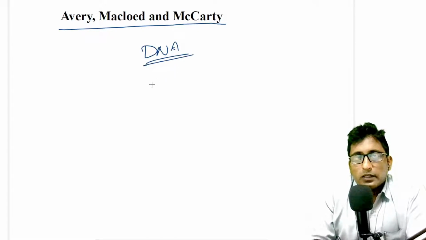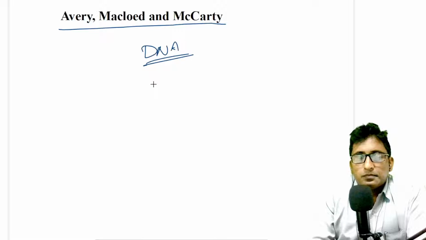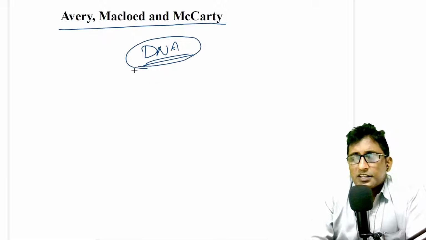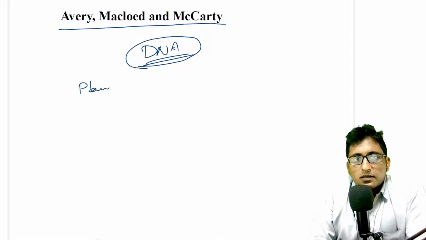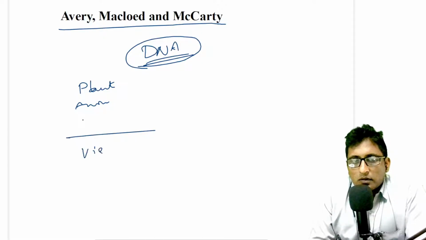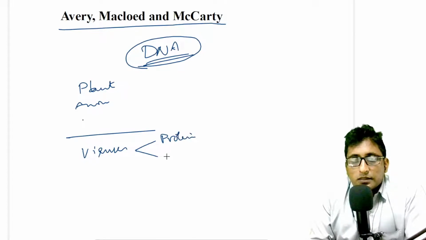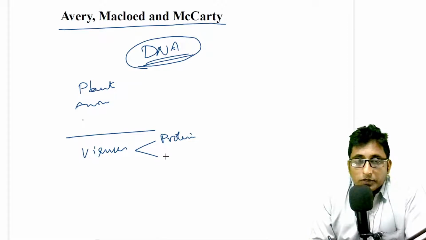Of course, we have to keep in mind that there are other aspects as well. DNA is the genetic material in the majority of organisms. You can take plants, animals, fungi, bacteria, archaea, any of them. But viruses are made up of proteins and some genetic information.